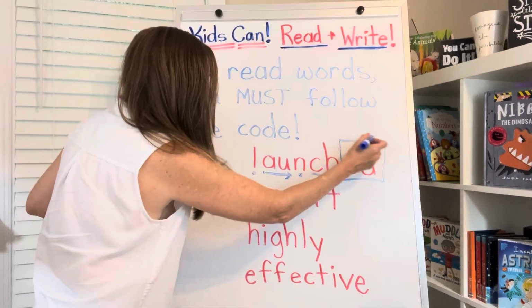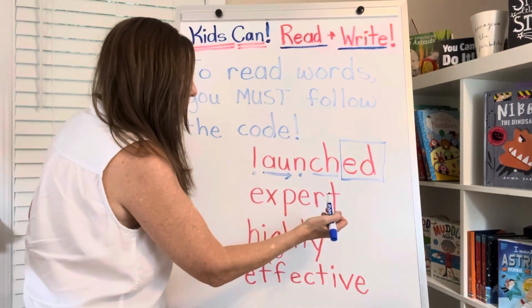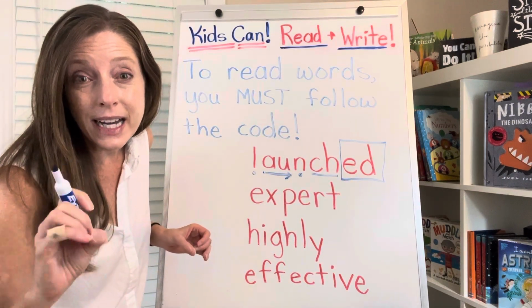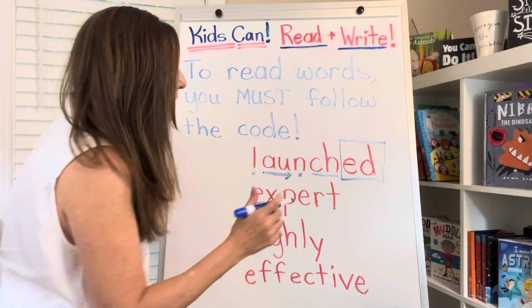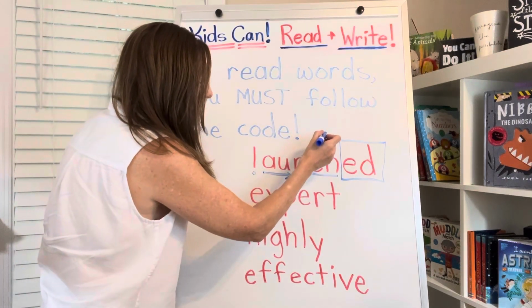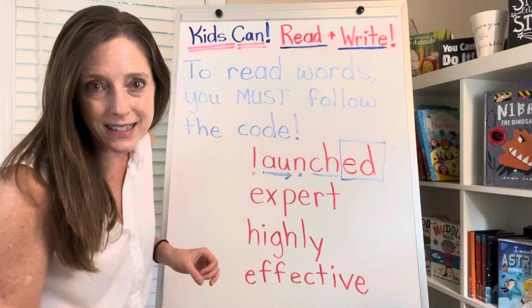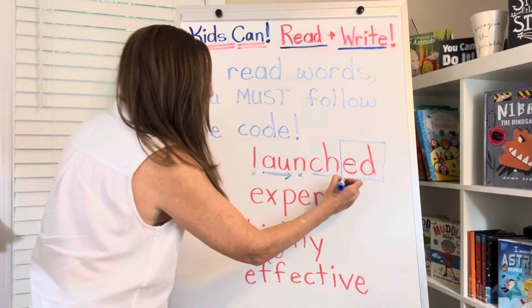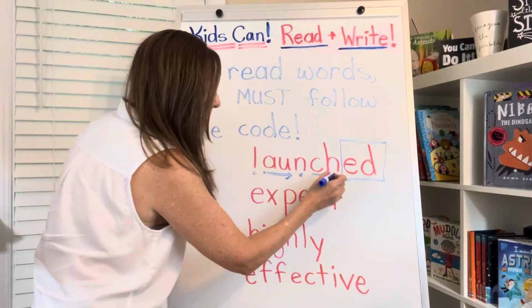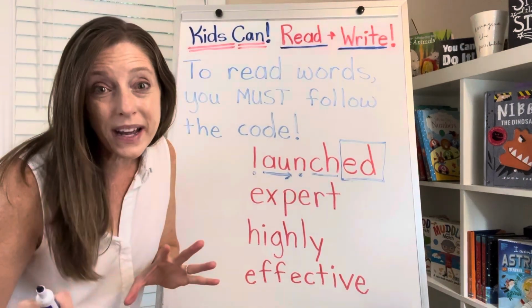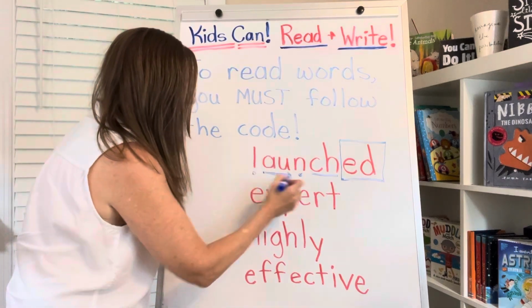When ED is used at the end of a word, it normally says duh. Duh, duh, duh, duh. Okay? If it comes after a T or a D, which that is not, it would change to an ed sound. But this is just duh, because it doesn't come after a T or a D.